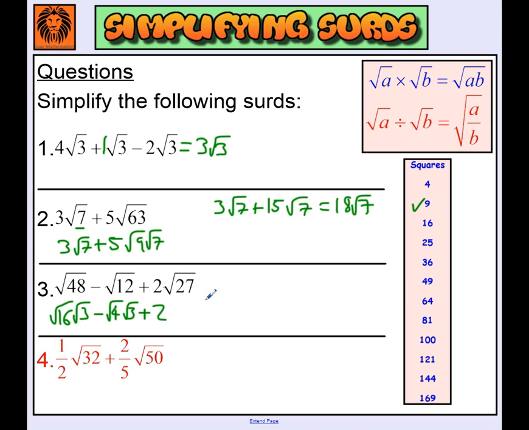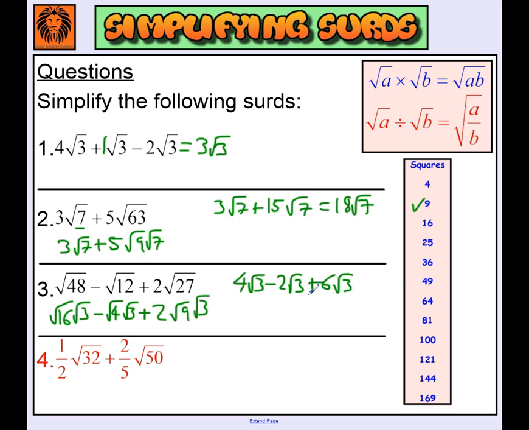Now, the biggest square number that goes into 27 is 9, so this will be root 9 times root 3. Now, we can simplify these even further. So, root 16 goes to 4, so this is 4 root 3. Take away 2 root 3, and this will be plus 6 root 3.